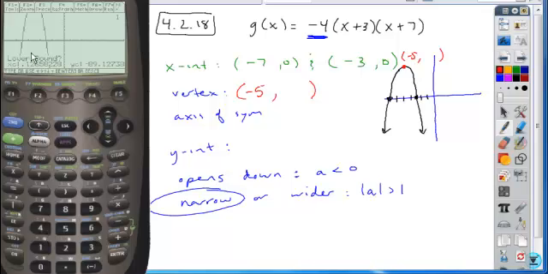You need to put a lower bound somewhere to the left of this. Well, you can see here, you know that your intercept is -7. I'm just going to use that as my lower bound. My upper bound, I'm just going to use 0. It can be anything to the right of this vertex, but 0 is easy to type. And so now it's going to tell me what's the highest value between -7 and 0, and it's 16.